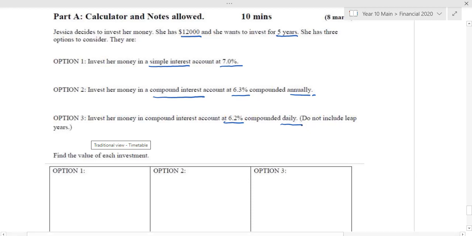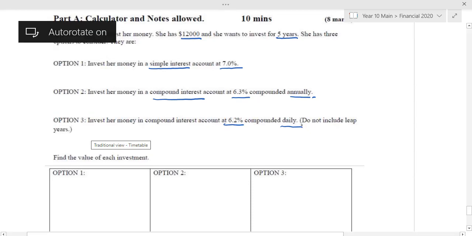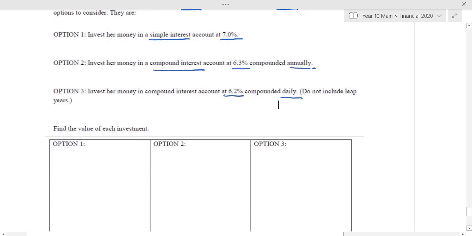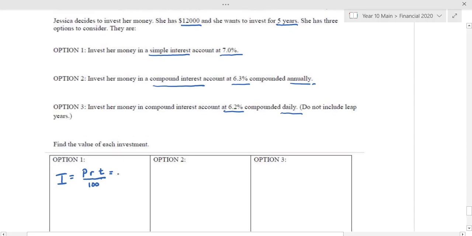So let's look at the first one. Well, the first one is if we're earning interest at simple interest at 7%, let's first of all write out the right formula. We want to use a simple interest formula. This is just going to work out how much interest we earn in that time. So the interest, the principal, she started with $12,000.